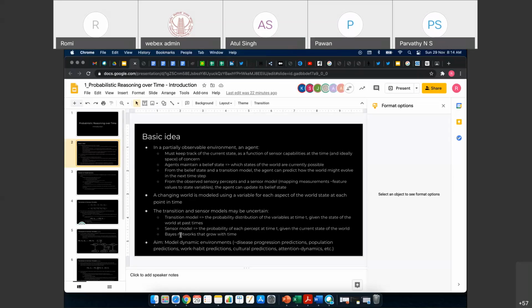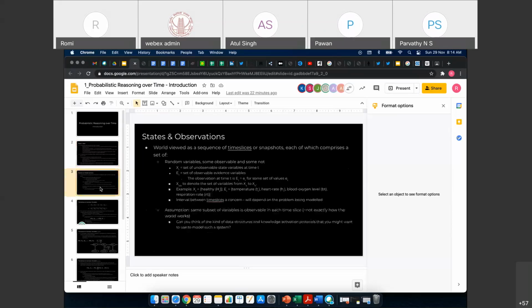Things like work habit predictions and cultural predictions are coming up in a big way these days with human interfaces being built, human-machine interfaces, and human factors or the user design environment that is so big these days. This is where work habit predictions, cultural predictions, and other such features come into play. We mix a bit of psychology, a bit of sociology into whatever we do these days.